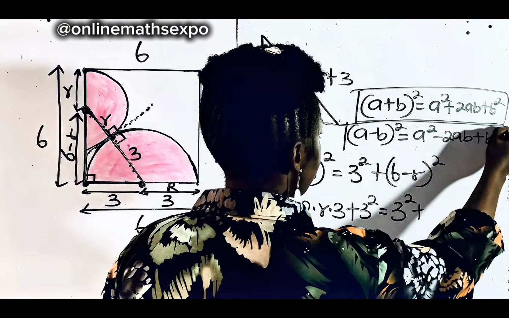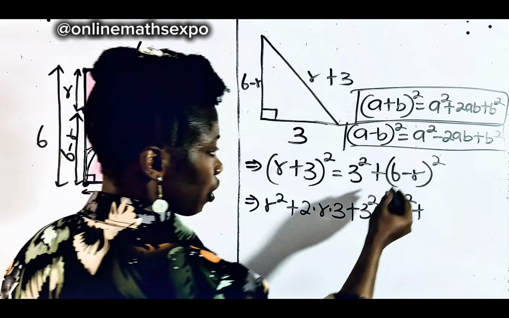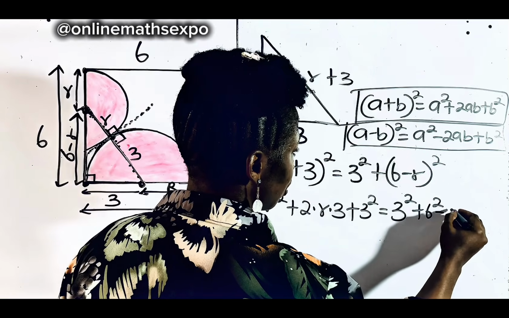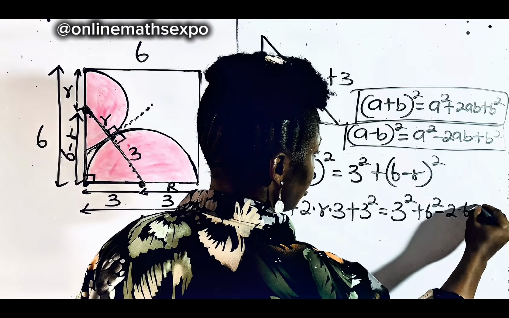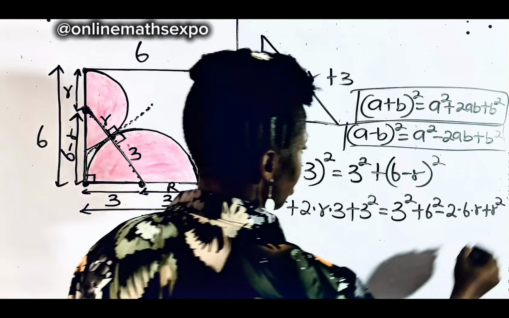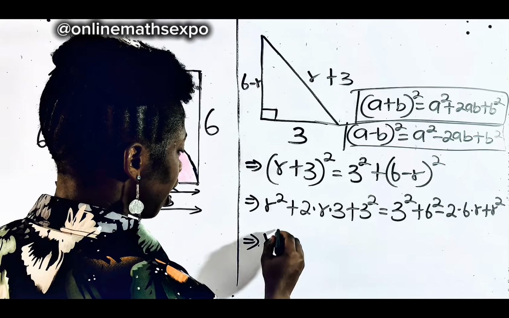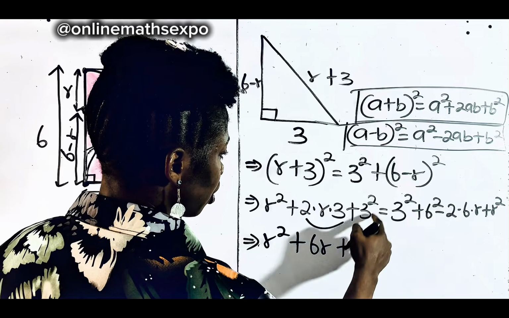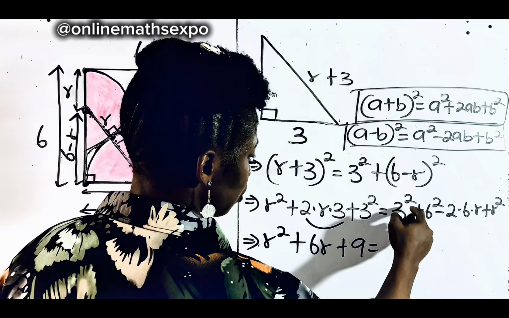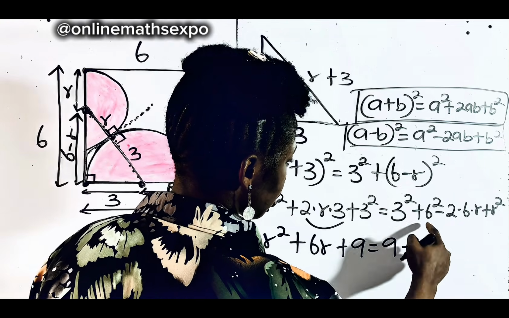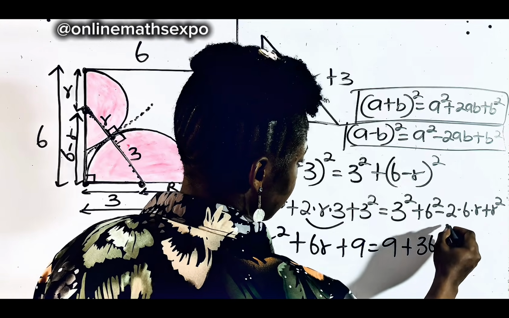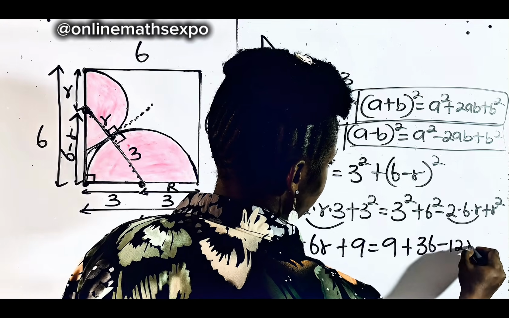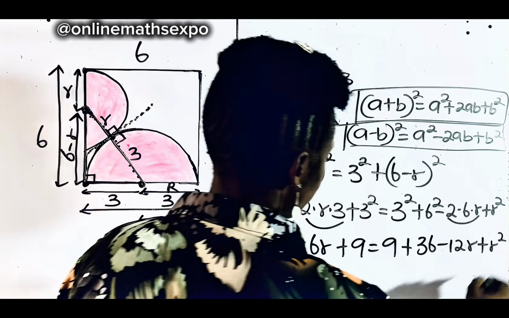So if you apply this identity also, we are going to have 6 squared minus 2 times 6 times r plus r squared. Simplify, we have r squared, multiply this, it gives us 6r, 3 squared is 9, this will give us 9 plus, this gives us 36, multiply this, you have negative 12r plus r squared.